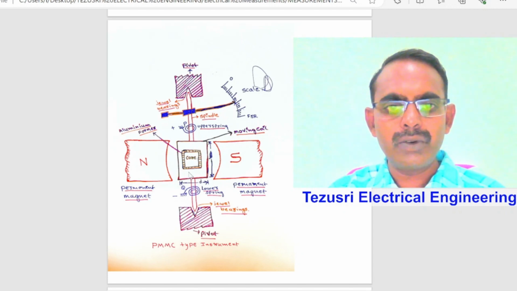This moving coil is mounted on a rectangular aluminum former which is pivoted on jewel bearings with the spindle. This aluminum former is non-magnetic material. This moving coil is freely movable in the field of permanent magnets.